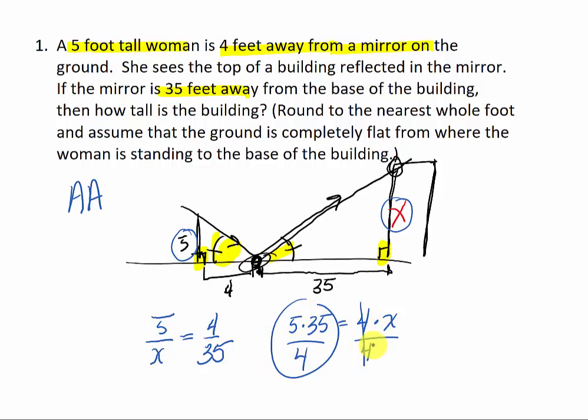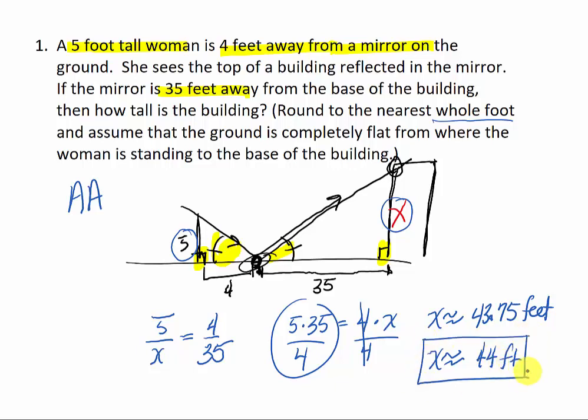And I get x to be approximately 43.75 feet. But I believe in this problem we are asked to round to the nearest whole foot. So let's follow directions. X is approximately 44 feet, so our building is approximately 44 feet tall for this problem.